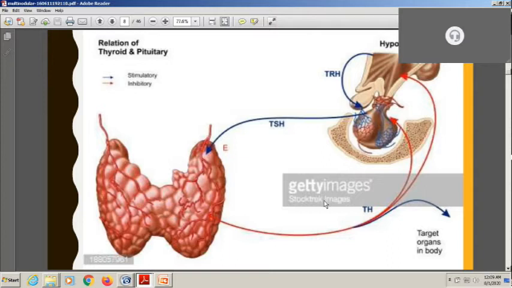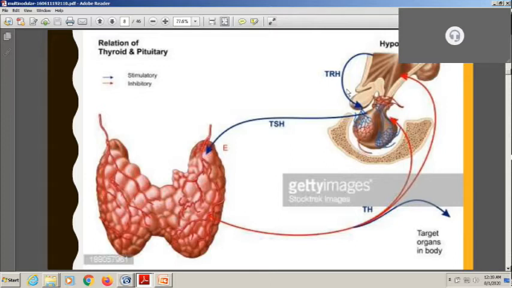What happens if there is insufficient thyroid hormone in our body, both T3 and T4? The hypothalamus is sensitized and it will secrete TRH, which will tell the pituitary, anterior pituitary mostly, that there is insufficient thyroid hormone. So now the anterior pituitary releases TSH, which will tell the thyroid to secrete more thyroid hormones. Now this is the negative feedback mechanism, which is directly related to the peripheral circulation of T3 and T4.